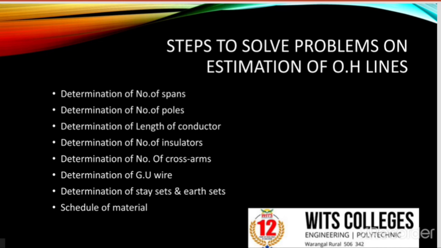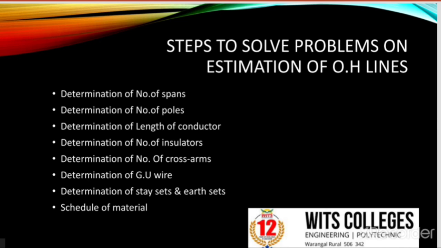And after that, we have to determine the GI wire, which we can also call GS wire, nothing but galvanized steel wire. Usually 8 SWG GI wire is used for the earth wire, and the same wire can be used for guards and for earthing also.